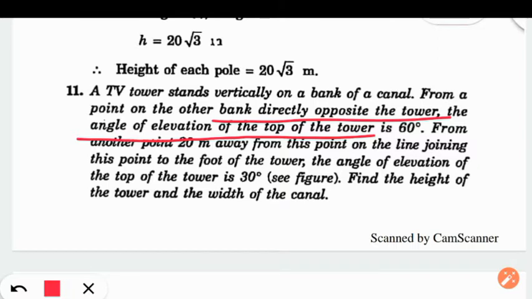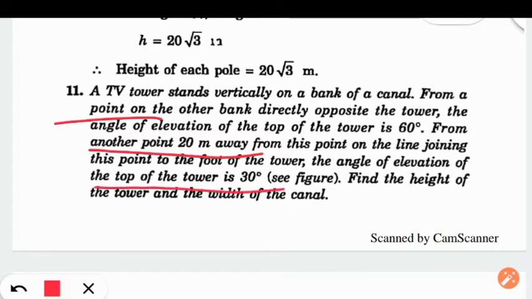Another point is taken which is 20 meter away from the previous point, and from that point the angle of elevation of the top of the tower is 30 degree.